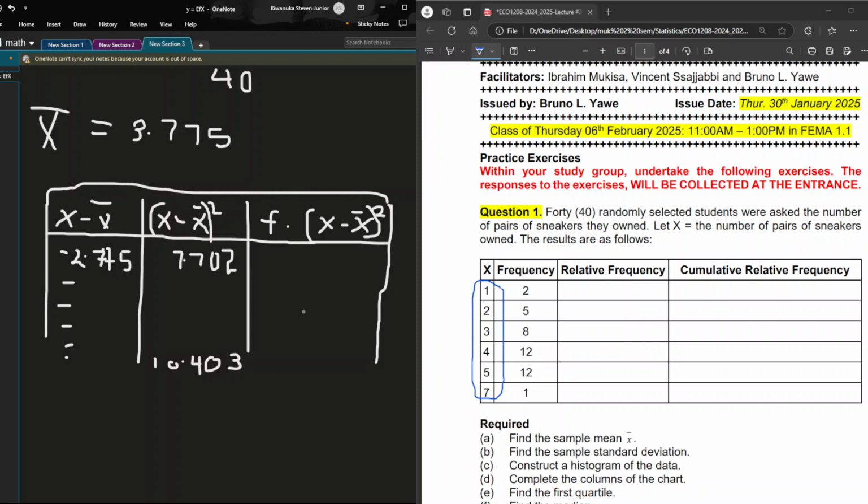The first one I have is 15.404, and the last one will be 10.404.